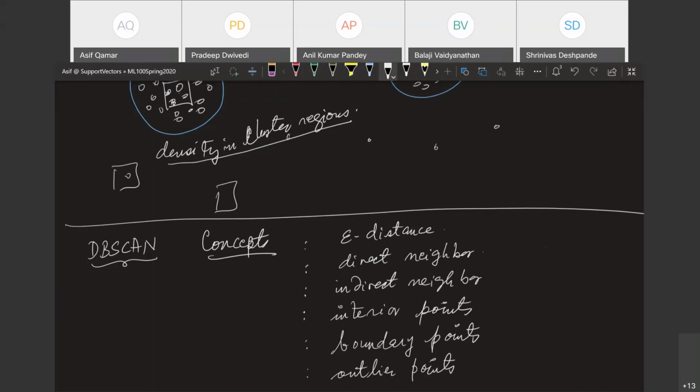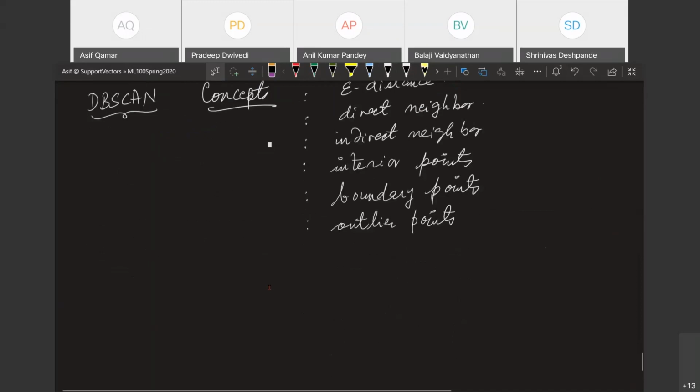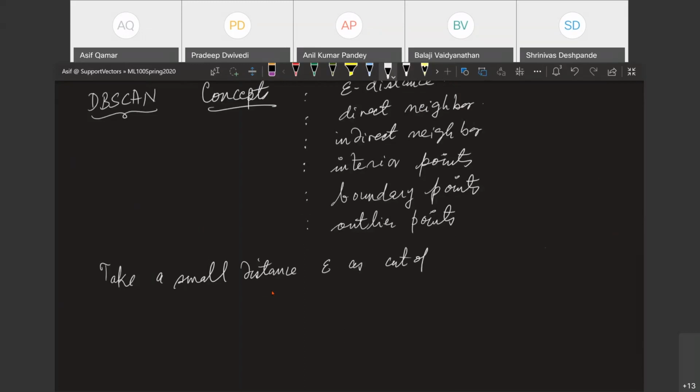The epsilon distances, so let's start with the very basic. We use a cutoff of distance. Now, take a small distance cutoff, right? Or think of it like from a point you have a very small lamp and it can shed light only within a certain distance.